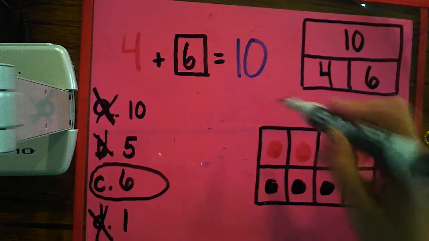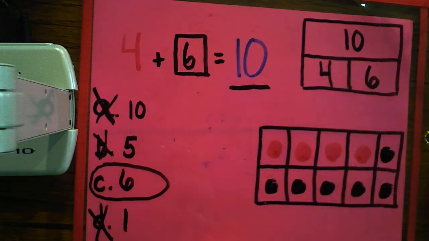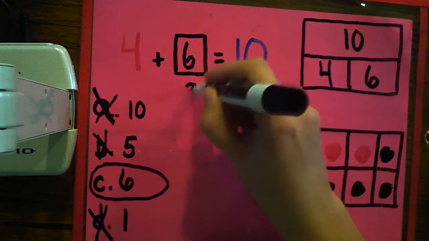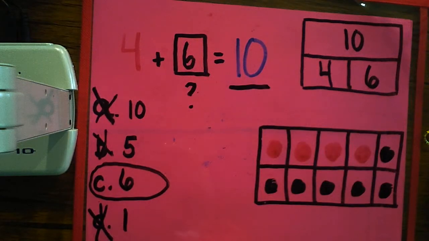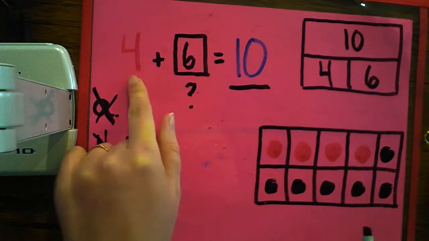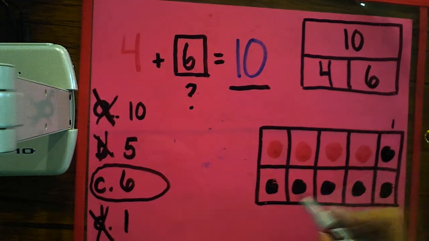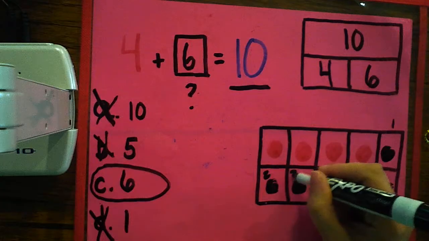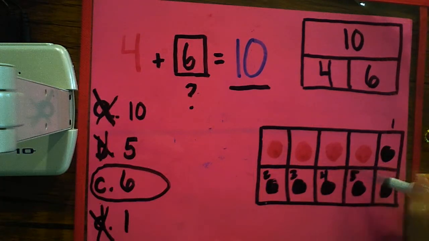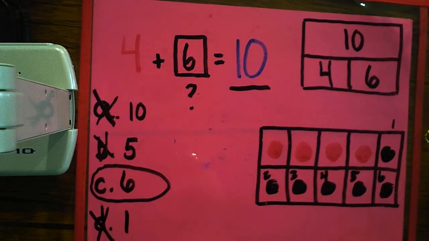No, no, no. The whole is 10. I'm looking for my missing part. How many did I have to add to 4 to make 10? Well, I added 1, 2, 3, 4, 5, 6 dots. So my missing part, hey, it's still 6.